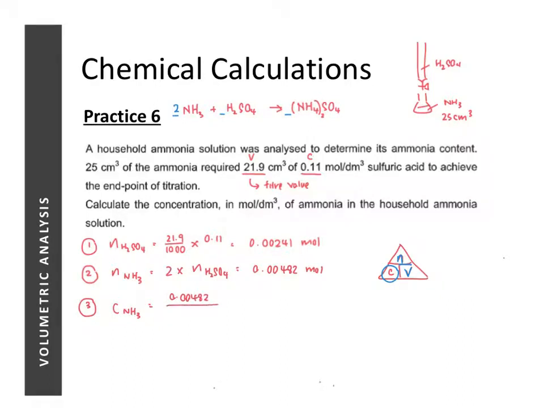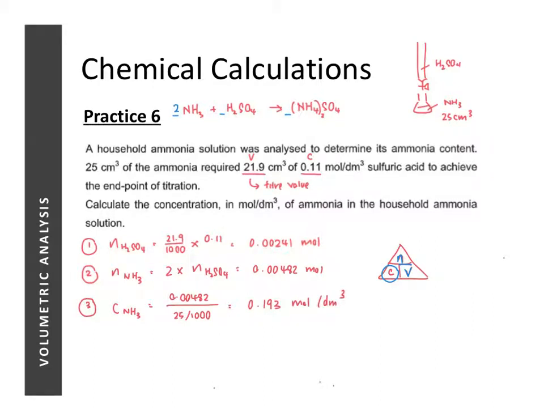Now bear in mind that volume is in centimeter cube, so we need to divide by 1000 to convert it to decimeter cube. Right, so that will give us the concentration of ammonia.